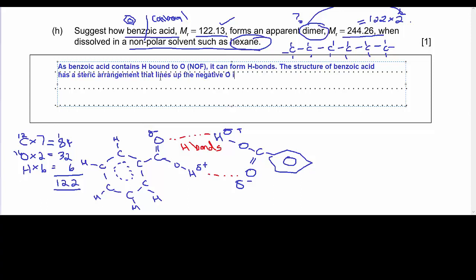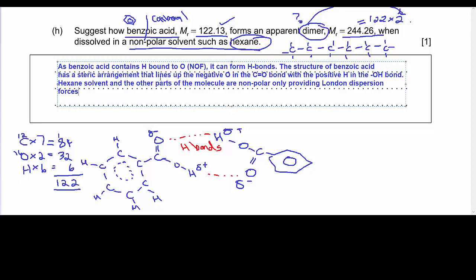Hexane solvent, and the other parts of the molecule are non-polar, providing only London dispersion forces. So that's sort of my explanation. And so these London dispersion forces are not strong enough. And so it's only the hydrogen bonds that will link together to form this molecule, this dimer.